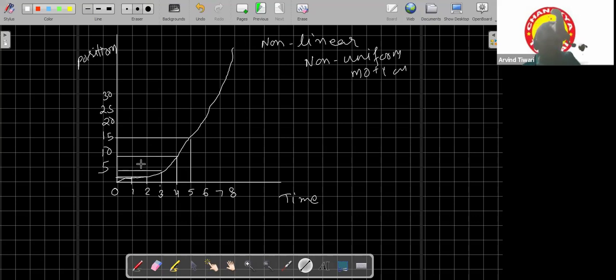Got it, everyone? So from this graph, if you are given any 2 points and find the velocity using rise over run, here you will be getting the average velocity and not the actual velocity.